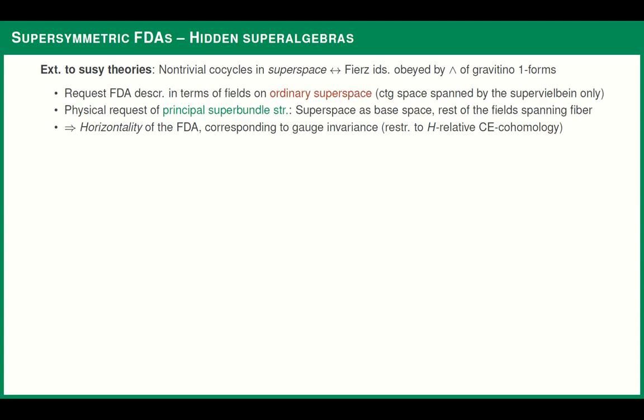This is equivalent to the physical request of a principal superbundle structure with superspace as base space and the rest of the fields spanning the fiber. So it is a kind of horizontality condition for the free differential algebra that corresponds to the gauge invariance of the free differential algebra itself.